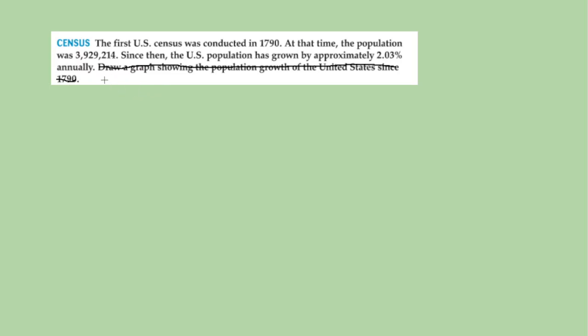Using this model, predict what the U.S. population was in 1990. So we've got 1790 to 1990, so 200 years. Let's see if we can do this, or if it's going to give us insanely large numbers.